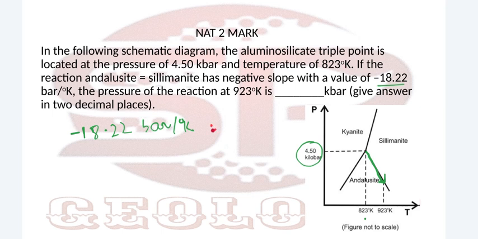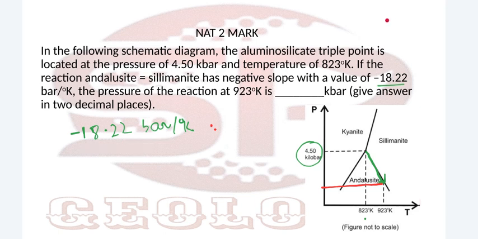So for each change of 1 Kelvin, the pressure decreases by 18.22 bar. We have to calculate the pressure at 923 Kelvin. This indicates that for each 1 Kelvin change in temperature, the pressure decreases by 18.22 bar.